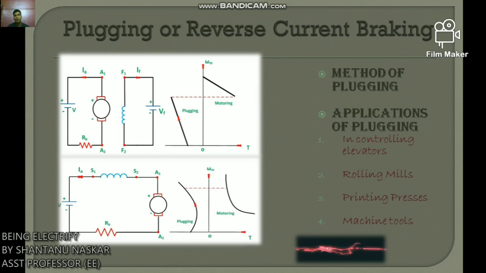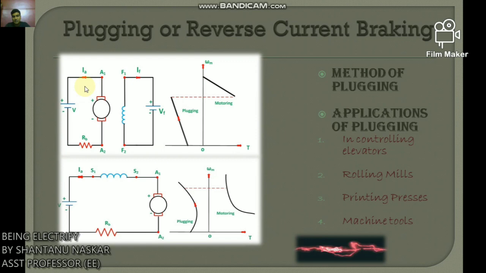In plugging or reverse current braking, the armature terminal or the supply polarity of a separately excited or shunt motor when running are reversed.